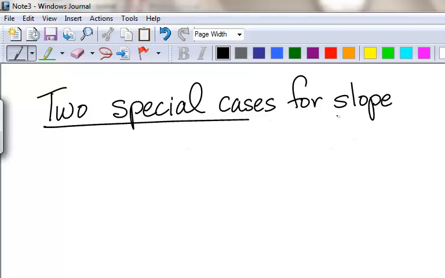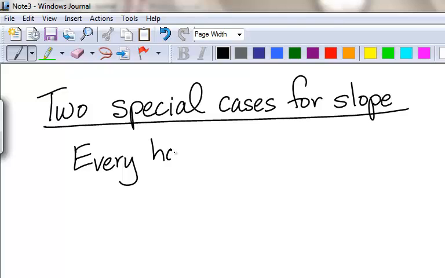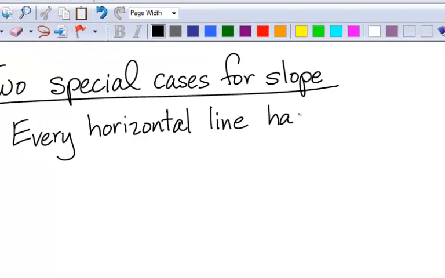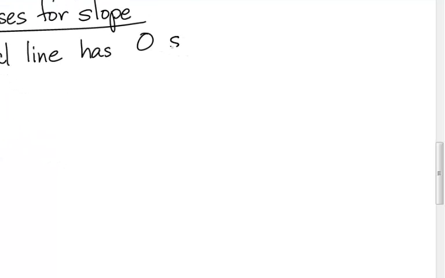First, every horizontal line has zero slope. If you filled it into the formula, your y's up at the top would be 0 divided by something. Okay, but every horizontal line. So if you have a horizontal line like that, it's going to have a slope of 0.